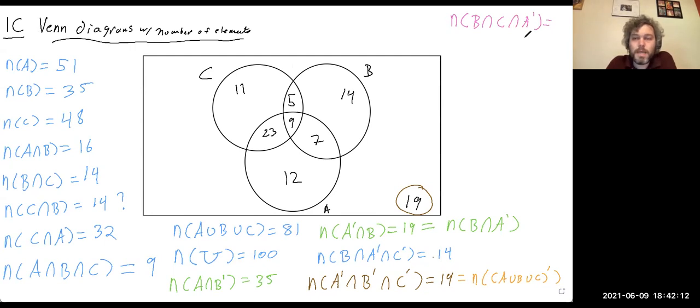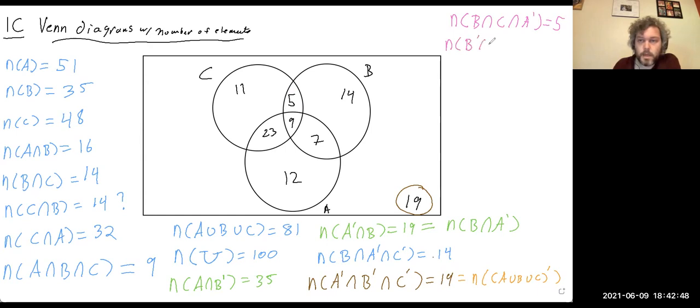What do B and C have in common with not A? B and C, but not A. What number would that be? 5. Very good. That is this 5 here. That's the part of B and C that they share that has nothing to do with A. Awesome. Is there another good one? I don't think we did this one.